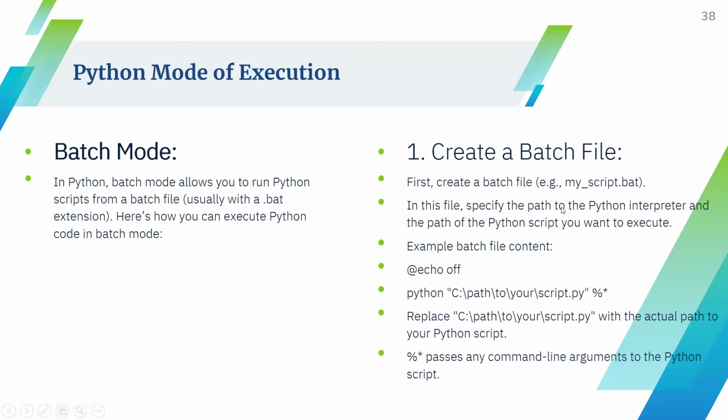In the file, specify the path of the Python interpreter and the path of the Python script you want to execute. Like opening a notepad, you write something like python C:/path to your script.py. You write all these things.